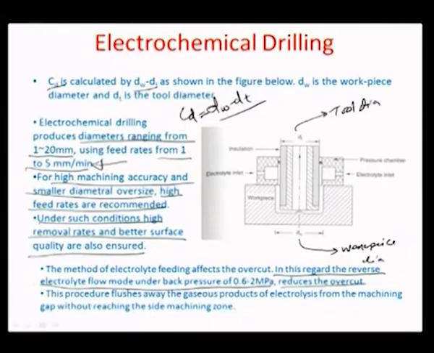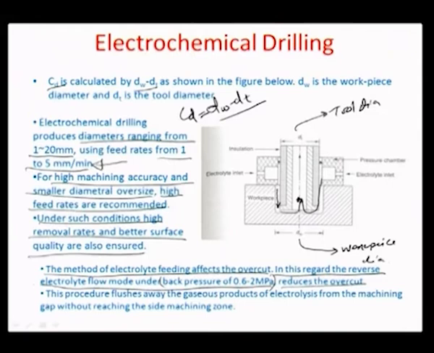So if instead of making the electrolyte flow in this direction, you flow the electrolyte in the reverse direction, entering from the side and going towards the axial center, you will definitely have a smaller CD or a smaller overcut of the hole that you want to produce. The only thing you have to ensure is that there has to be a back pressure of about 0.6 to 2 megapascal for this.